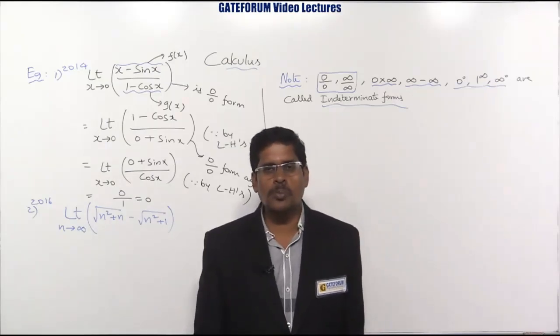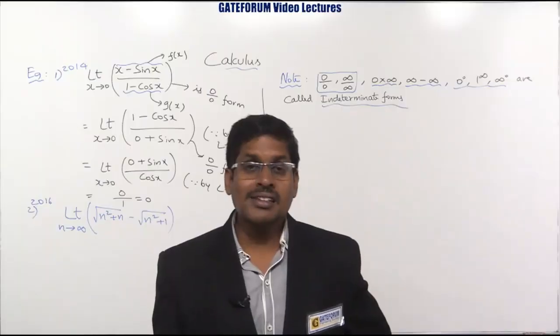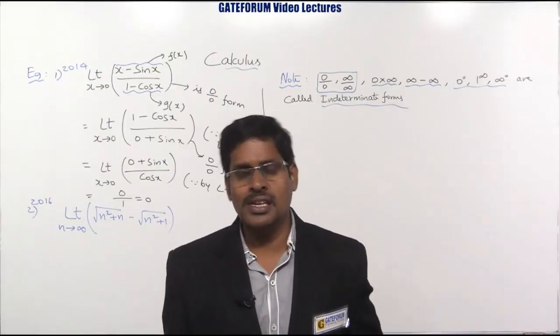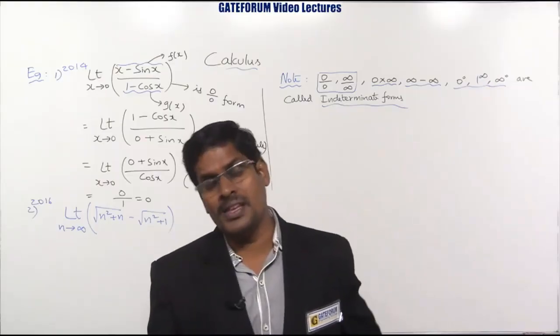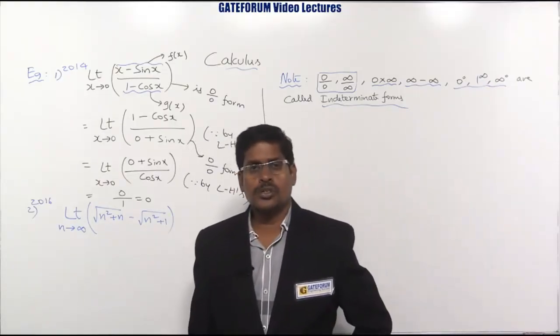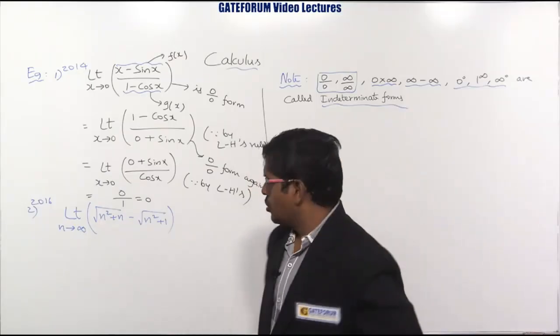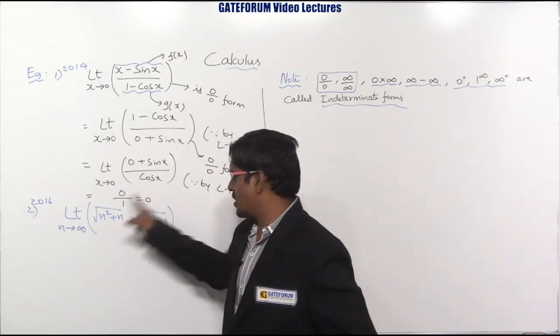For root a minus root b, what is the rationalizing factor? Root a plus root b. The rationalizing factor of root a plus root b is root a minus root b. Similarly, the rationalizing factor of root a minus root b is root a plus root b. Change the middle term symbol. So what does rationalizing factor mean? You should multiply numerator and denominator with the same rationalizing factor of this term.